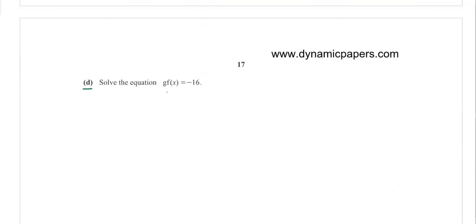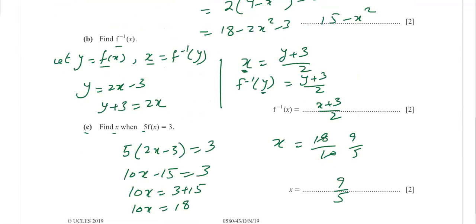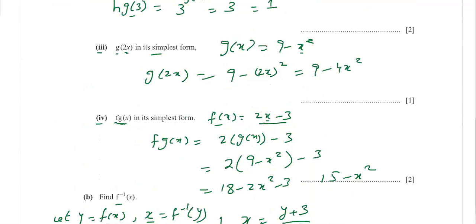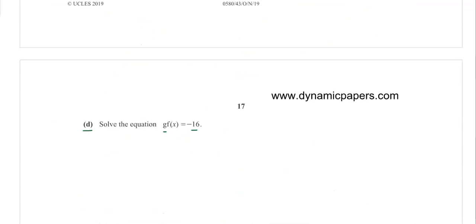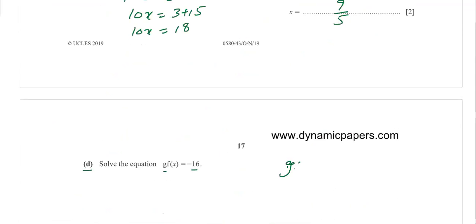Next part D is solve g f of x equal to minus 16. Now what is the meaning of g f of x? Again g we did not find in the previous part. G of x is 9 minus x square. Let me write them here. 9 minus x square and f of x is 2x minus 3.